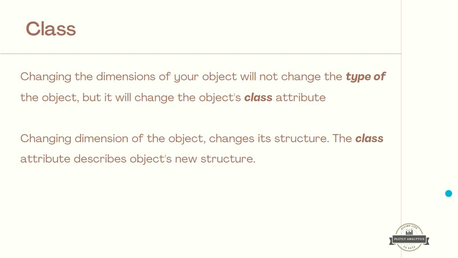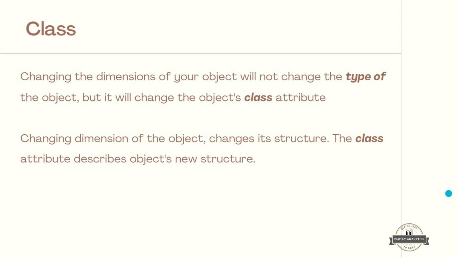So class is a special type of atomic vector. R added a class attribute to die when you changed its dimension, and this class now describes die's new format.